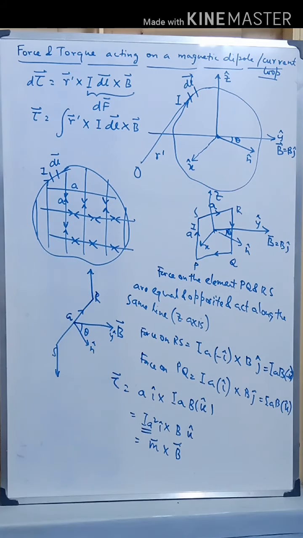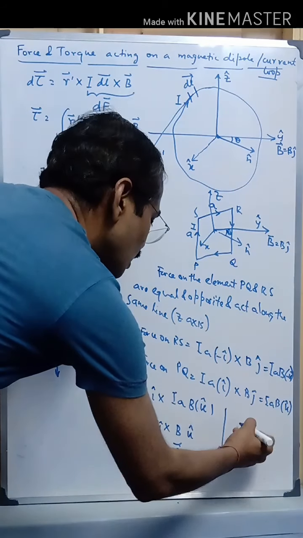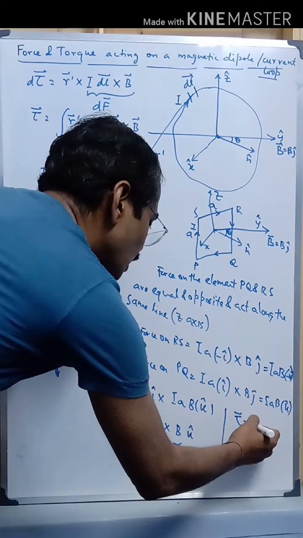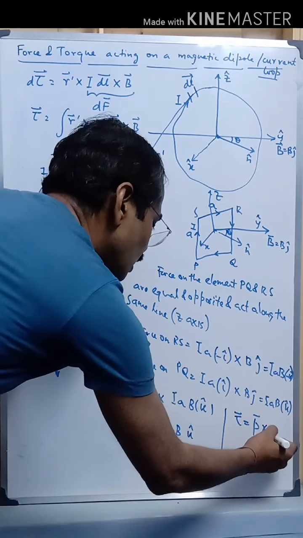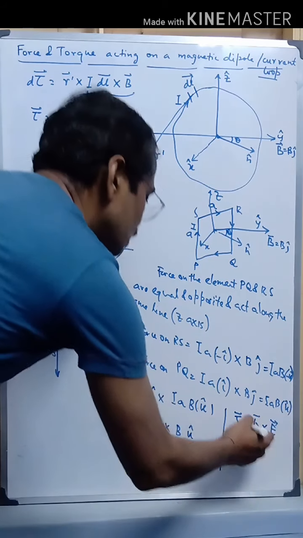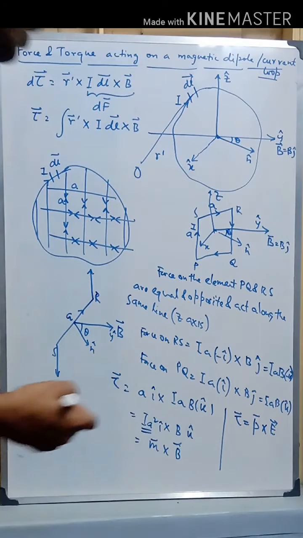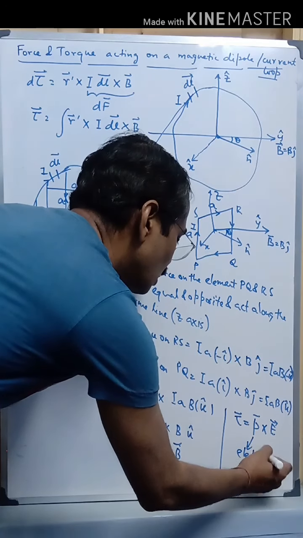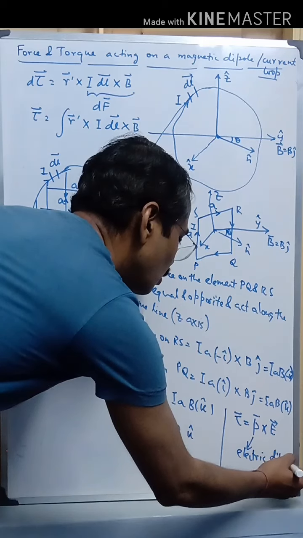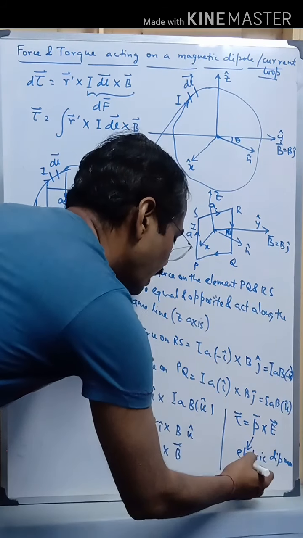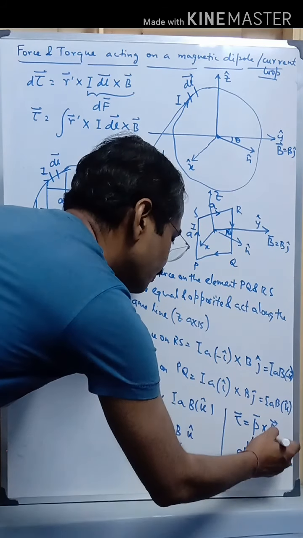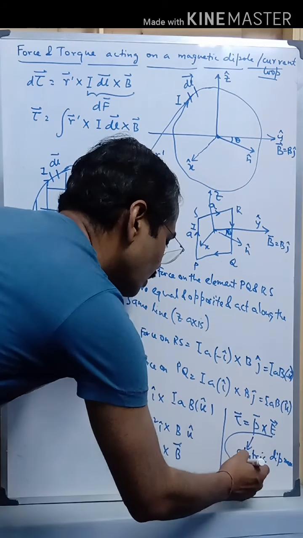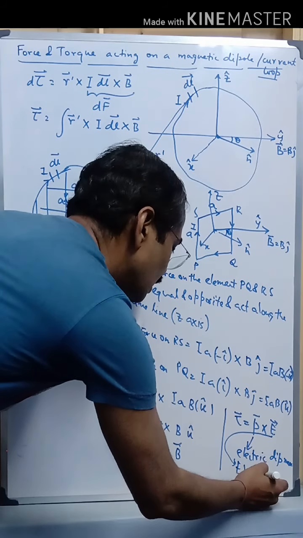This is something which you can remember as the torque in the case of an electrostatic dipole, P cross E, where P was the electric dipole moment and E was the electric field.